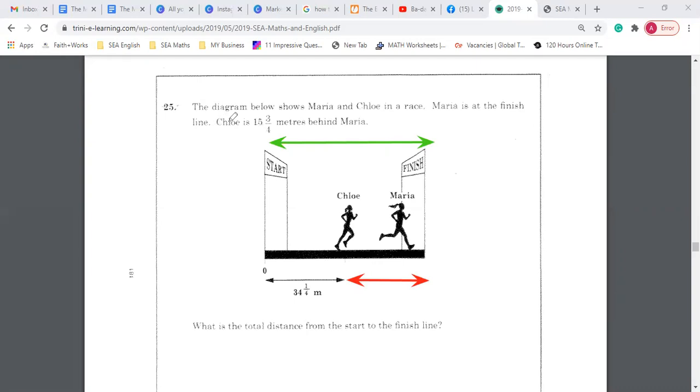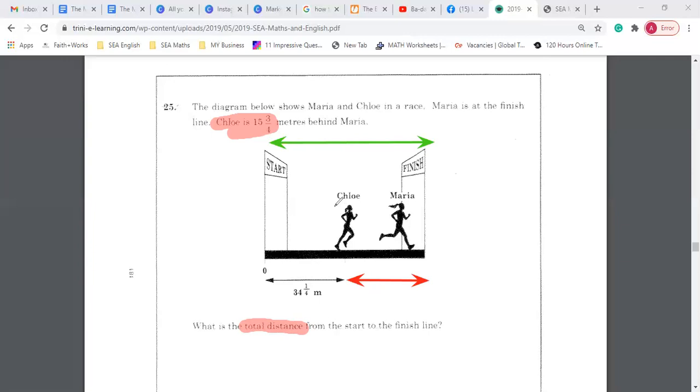Right, look at this. Chloe is 15 3/4 meters behind. So what is the total distance? This red arrow, how long is that arrow? What's the distance there? 34 1/4.